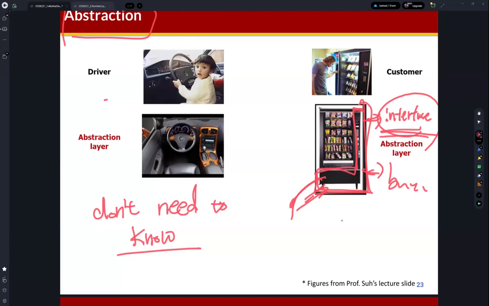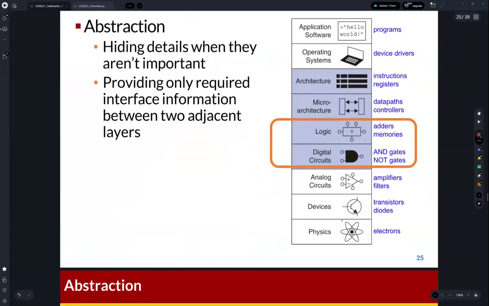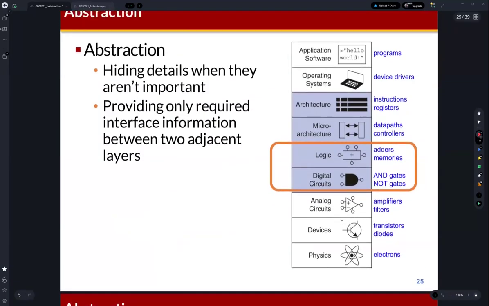Okay. So what is abstraction? Abstraction means hiding details when they aren't important. So if some details are not required for using, or not required for understanding, then these details can be hidden.